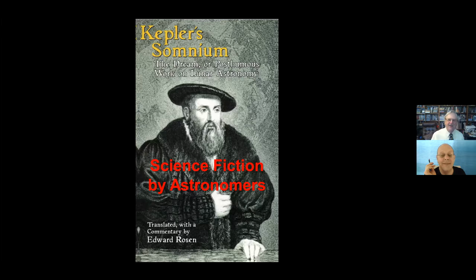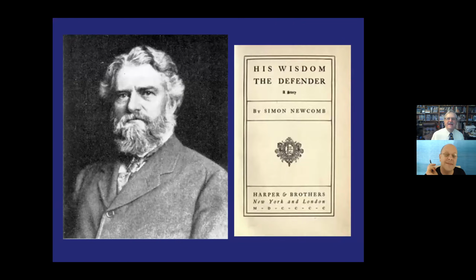And that began a whole series of science fiction stories by scientists. Simon Newcomb, the great turn of the century American astronomer, wrote a novel called His Wisdom, the Defender, in which a scientist kind of gets to take over the world, a fantasy that perhaps many of us have.